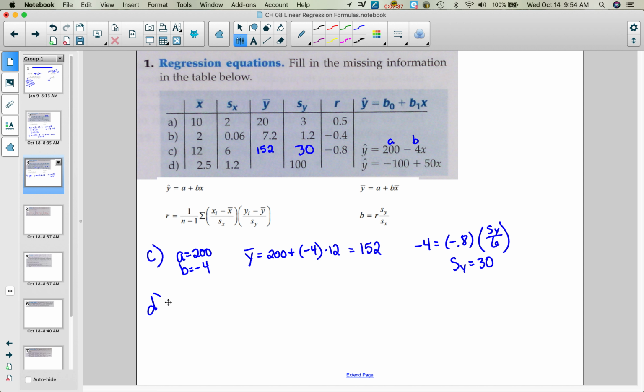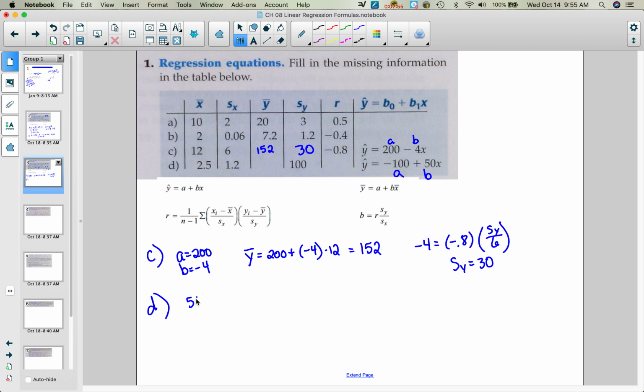And then part D, I'm missing R, but I know S sub y and S sub x, and I know B because we have A and B right here. So I'm going to solve for R by filling this in.